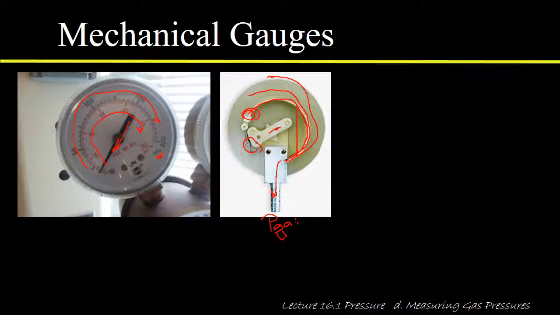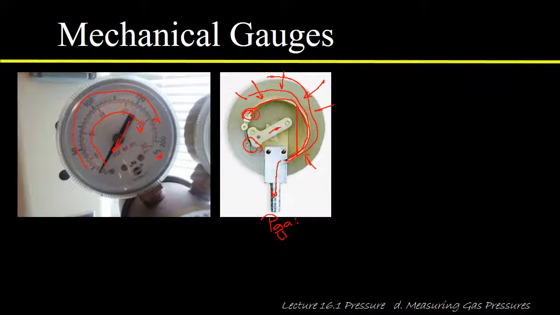Okay. So it works by having the gas pressure inflate this little tube, and that causes the tube to bend a little bit. But there is one more thing that's happening here that's kind of important, is that while the gas pressure is inflating the inside of the tube, atmospheric pressure is pushing on the outside of the tube, because this gauge here is not sealed. So you've got atmospheric pressure in the back of this little gauge mechanism.